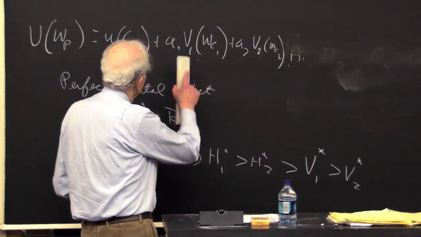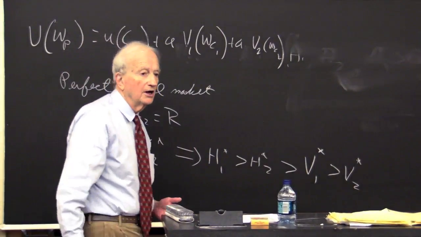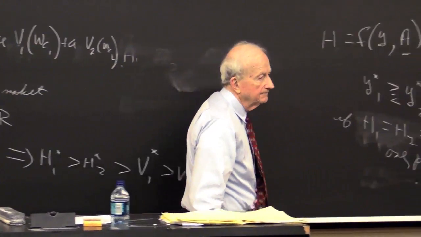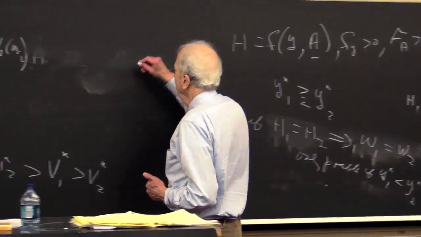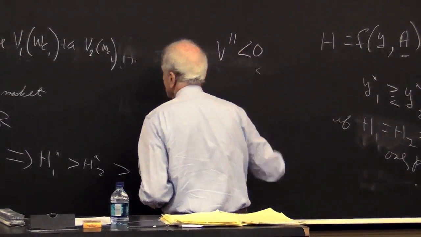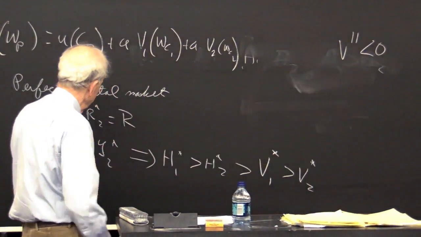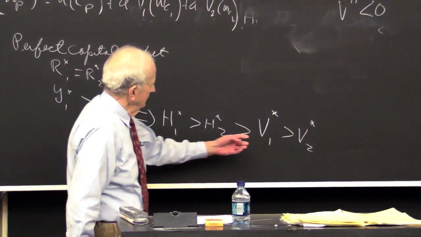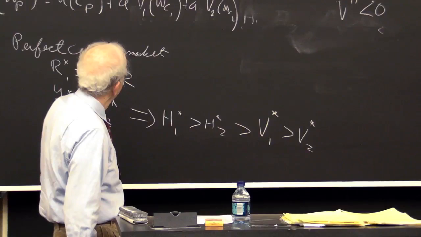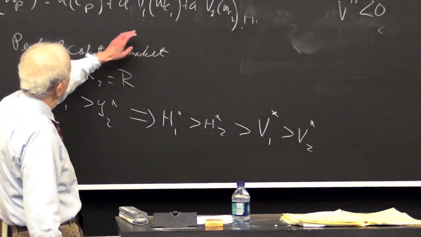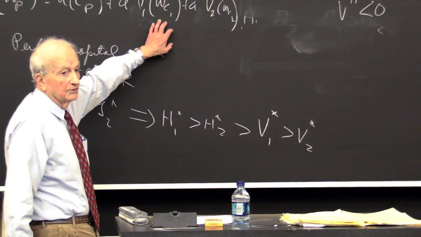Okay. Well, now let's look at this problem. And let's take a simple assumption that they're equally altruistic toward each child. Well then, given that V double prime is less than 0, if the utility of child 1 was greater than the utility of child 2, the marginal utility of child 1 would be less than the marginal utility of child 2, right?